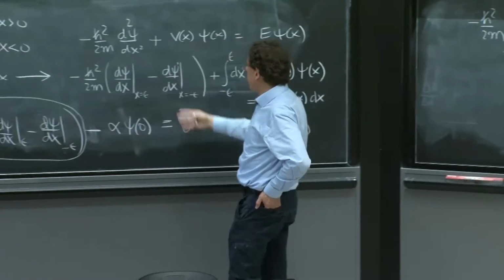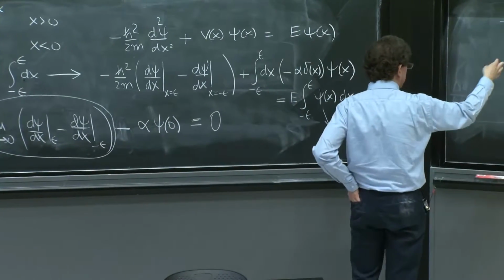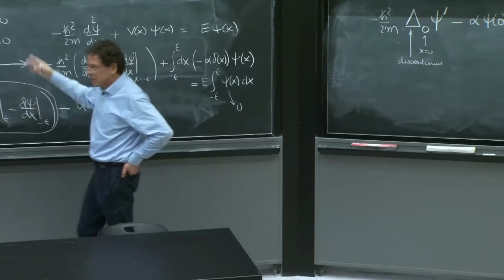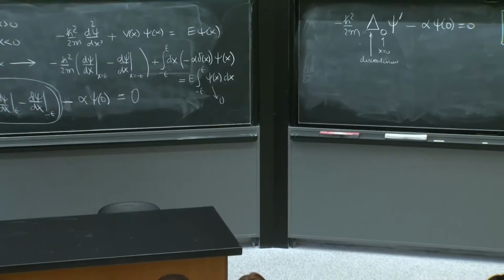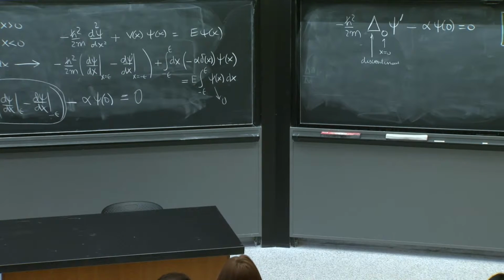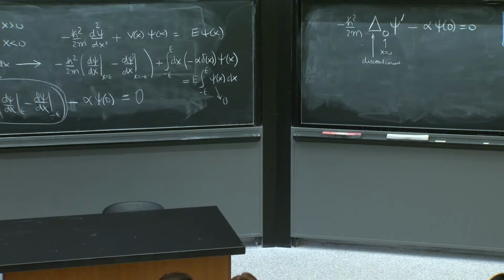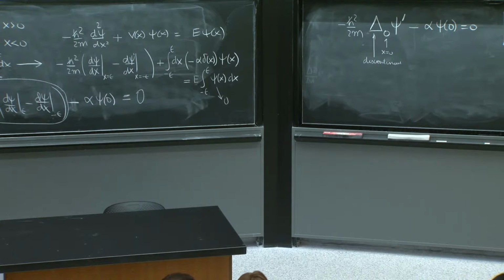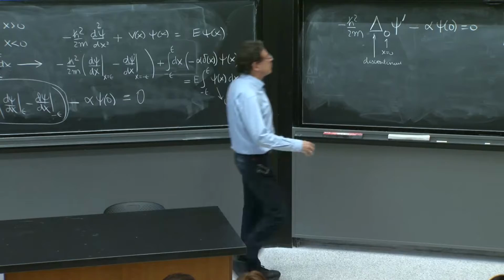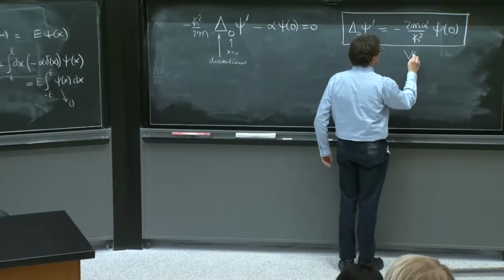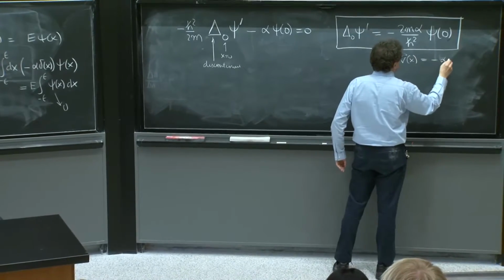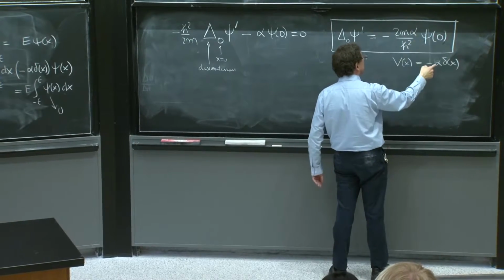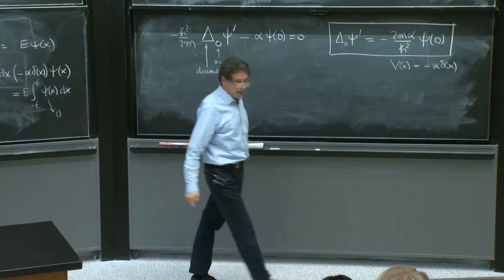This may have looked like an interesting or somewhat intricate derivation, but after you've done it a couple of times, this is something you'll do in a minute or so, and you just integrate and find the discontinuity in the derivative. But that's a formula for a potential minus alpha delta of x. So if somebody gives you a different potential, you have to change the alpha accordingly.